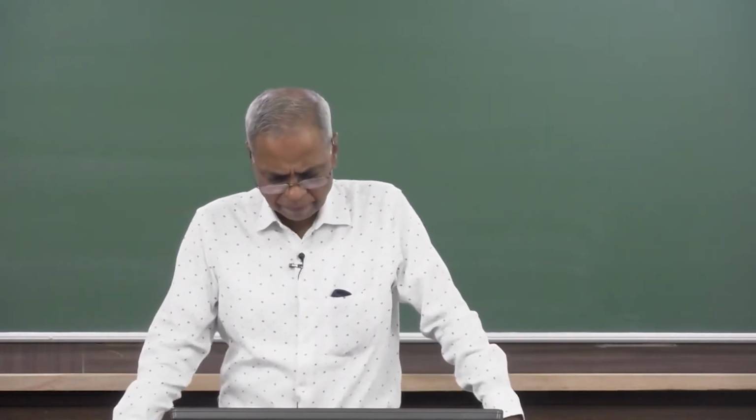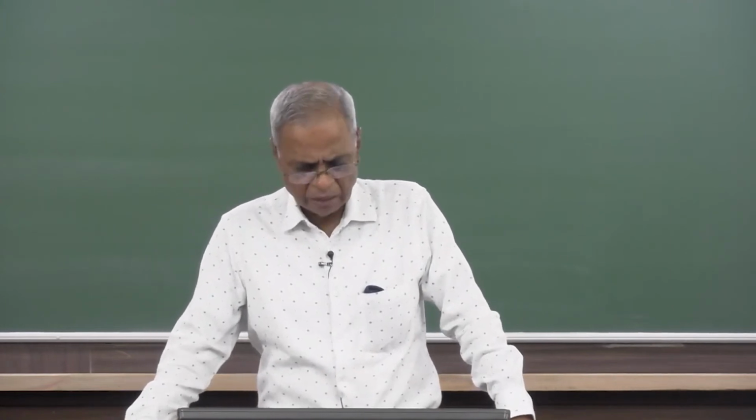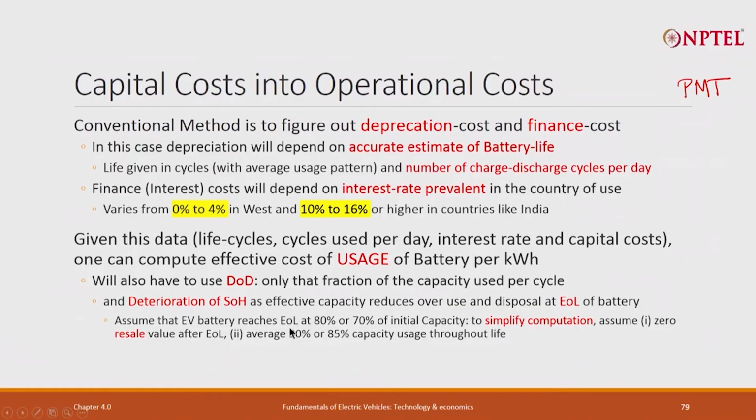To simplify, we will assume 0 resale value of the battery. Now, there may be a resale value of the battery. We can take that into account later on. And we assume an average of about 85 to 90% capacity usage throughout life.